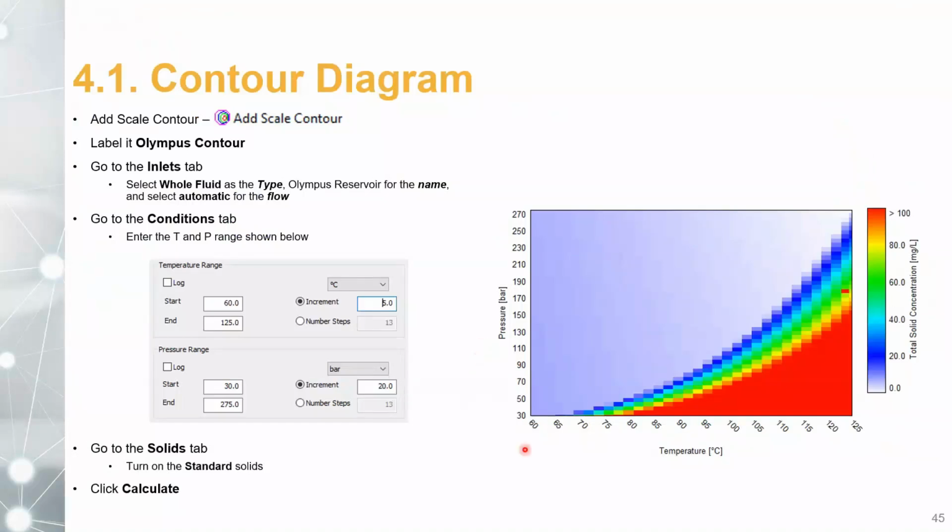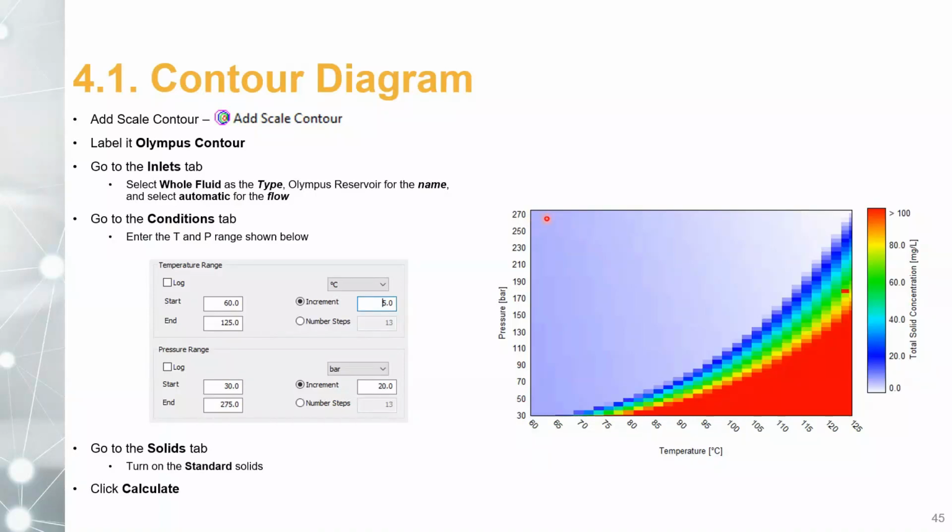What this is telling you is that at high pressures and low temperatures, so up here in the upper left corner, the amount of solids that is forming is very, very small.